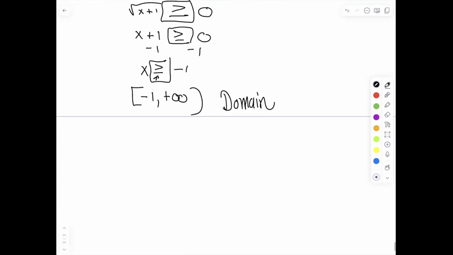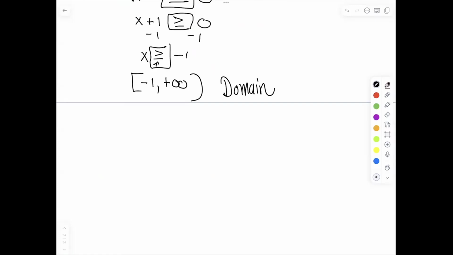Now, how do we determine y? Well, I'm going to show you right now. f of x is equal to the square root of x. There is an invisible value here. What value do you see there? Not an imaginary, an invisible number.